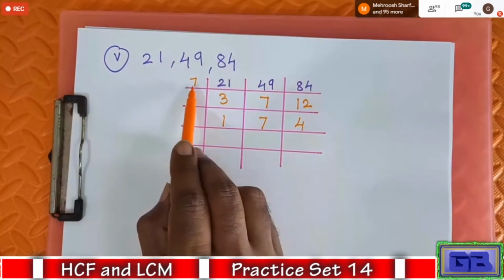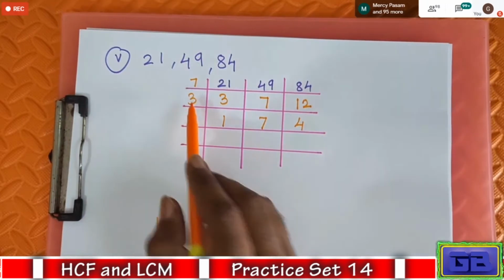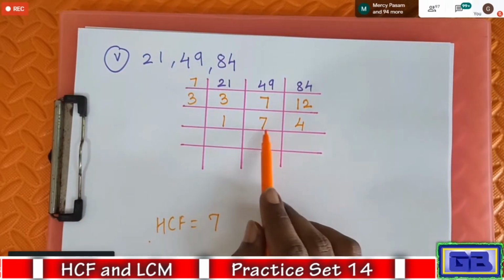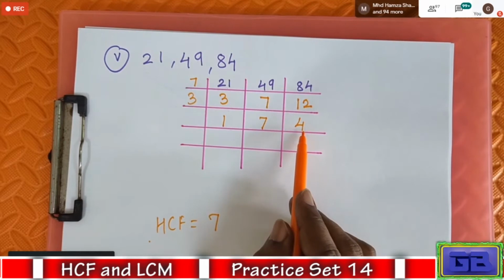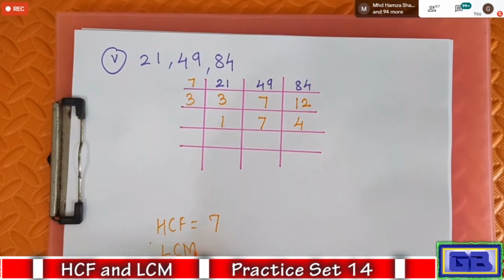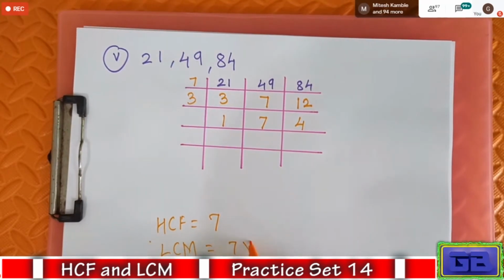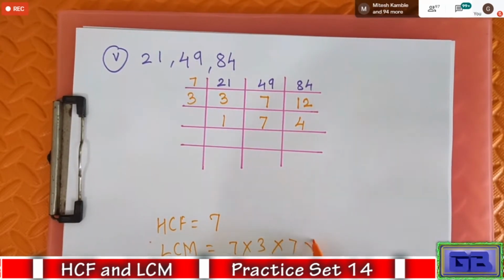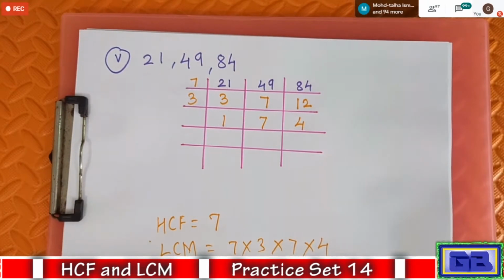It means we will take 7, 3, 1, 7 and 4 for the LCM. LCM equals 7 into 3 into 7 into 4.